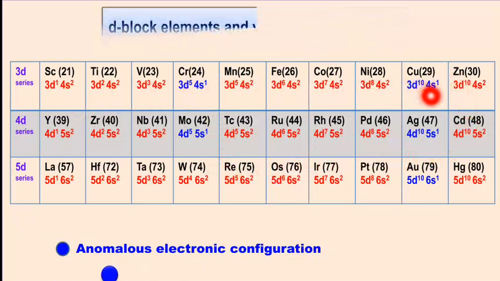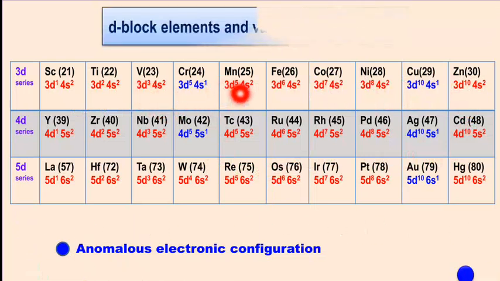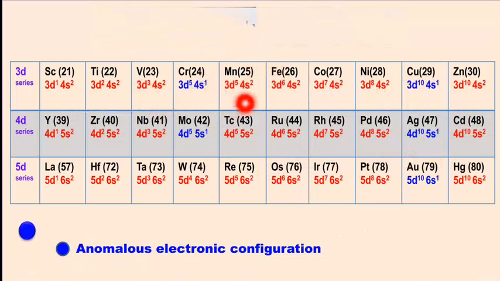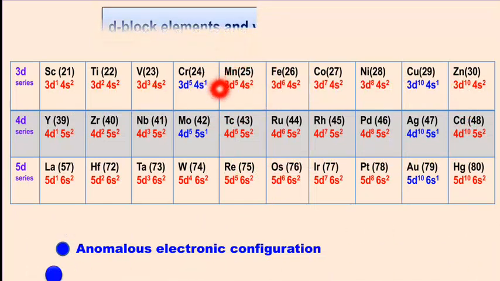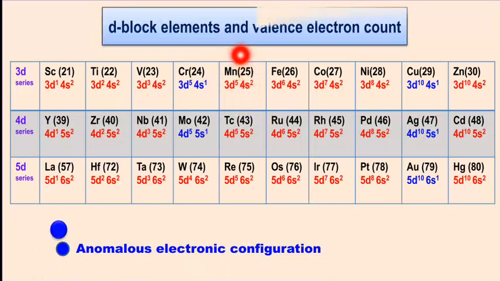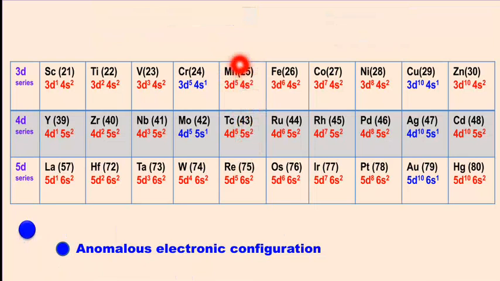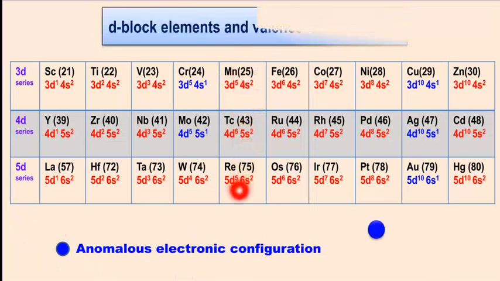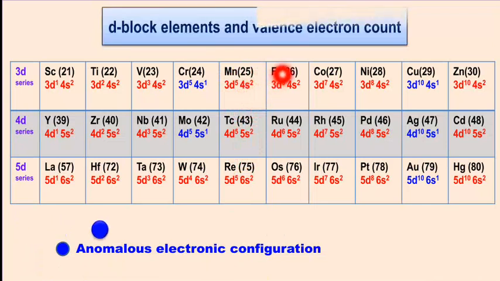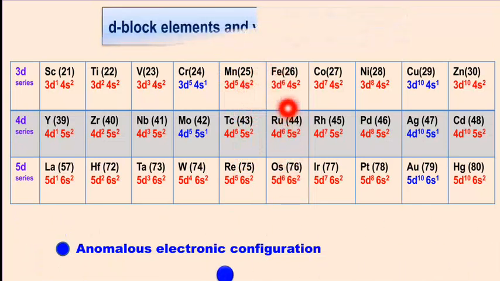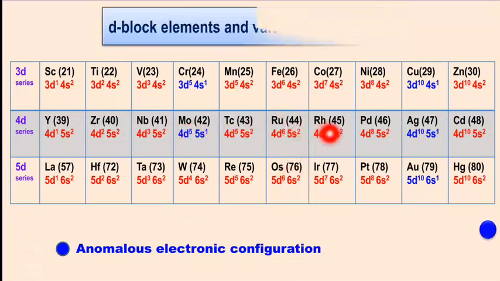For example, manganese, which has atomic number 25, has the valence electron configuration 3d5 4s2. So there are a total of 7 valence electrons for this group, which consists of the elements manganese, technetium and rhenium. We have to keep in mind that elements present in the same group have the same number of valence electrons, only the orbital number changes.